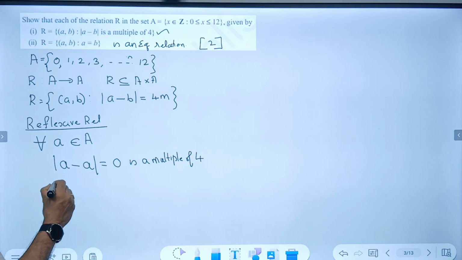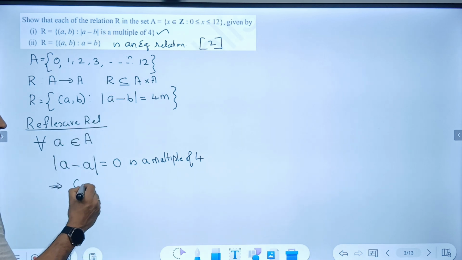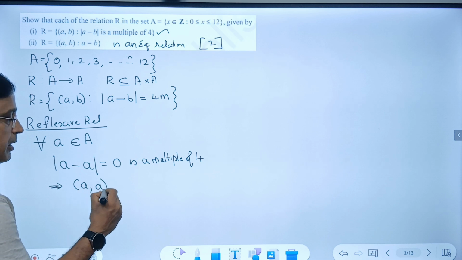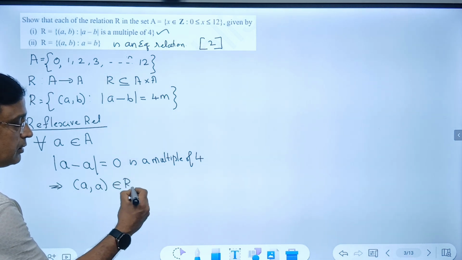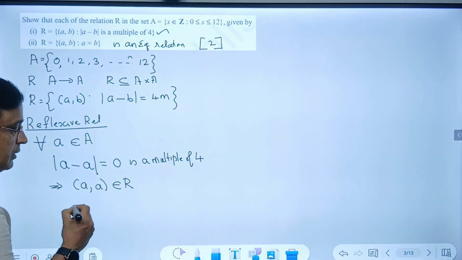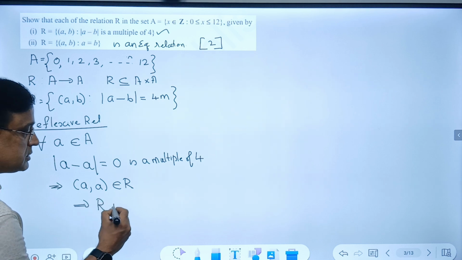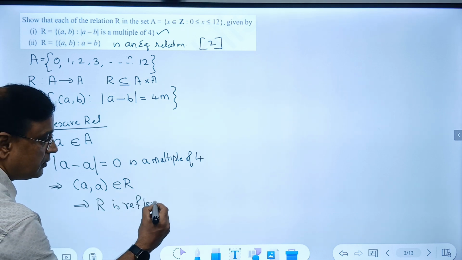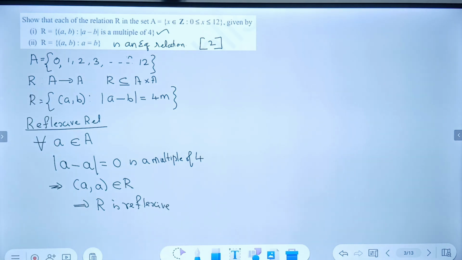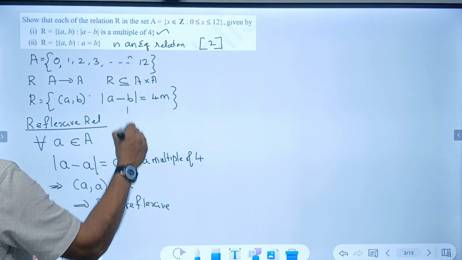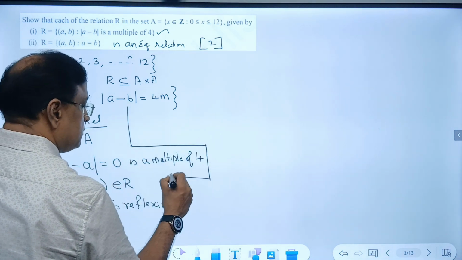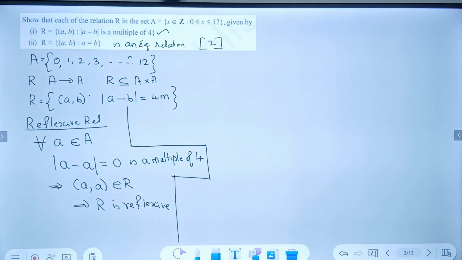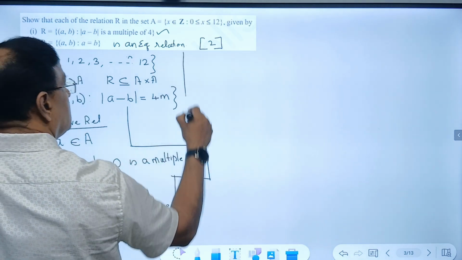This implies it satisfies the definition of the relation. Therefore, you can say A comma A belongs to R. So A is related to itself. Therefore, R is reflexive. I hope this is clear to you. So we are done with the reflexive relation. Let's go to symmetric. You know what symmetric is?